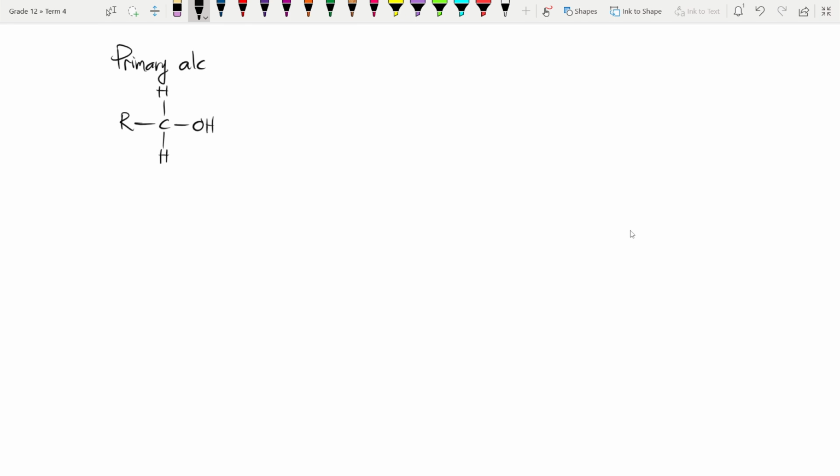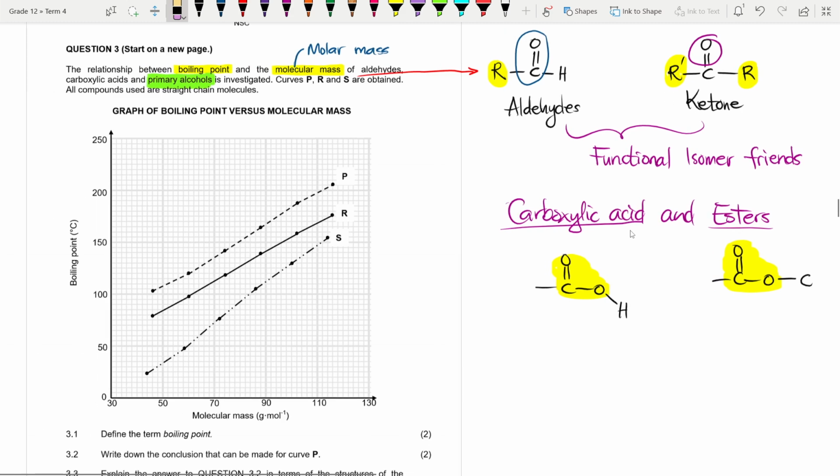Secondary alcohols will be in the middle of a chain, only bonded to two other carbons. Then tertiary will be an alcohol that actually has a branch. In other words, the OH is found on a carbon that is already bonded to three other carbons. That's a tertiary alcohol. But in this case, we focus on primary alcohols, and we'll see why in the questions as well.